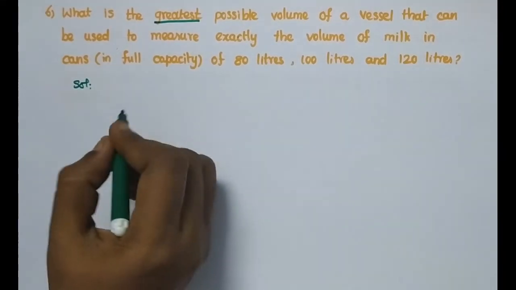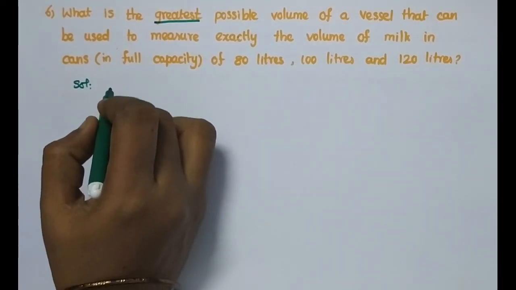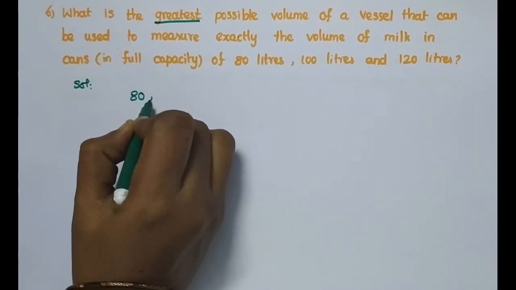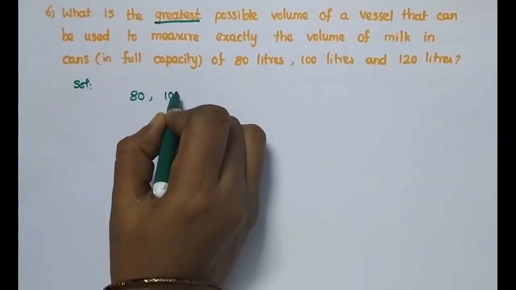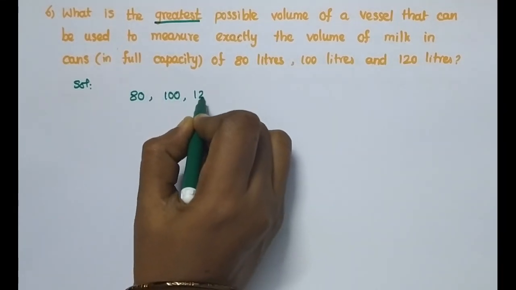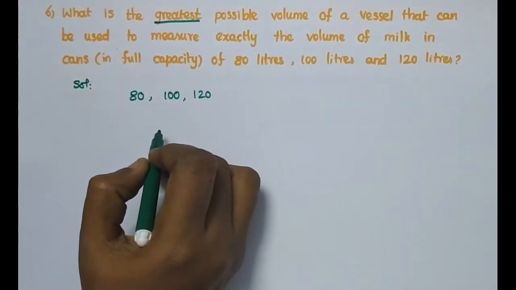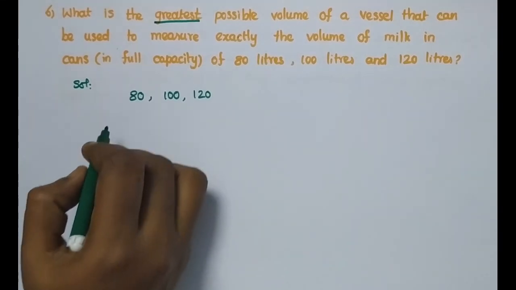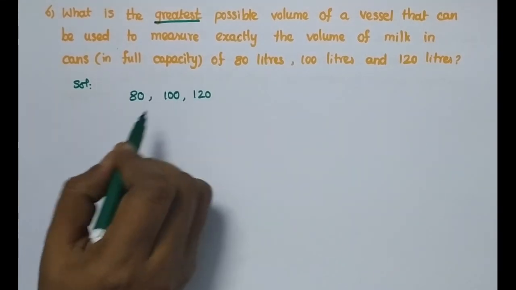What are the capacities of the cans? That is 80 liters, 100 liters and 120 liters. Now we have to find out the HCF of these 3 cans.